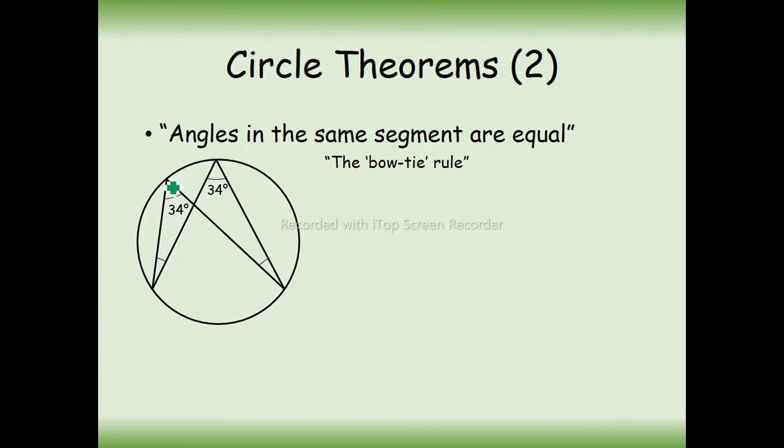If we look at this side of the angle and this side of the angle, let's look at this arc. The green arc is the one that subtends it, right? Now let's do this one in red.